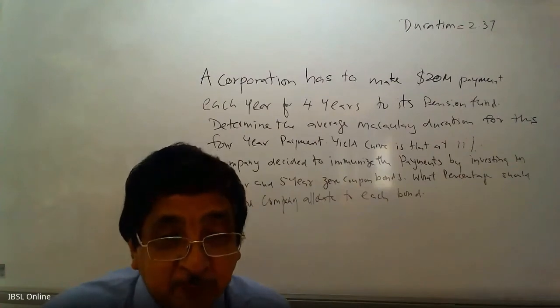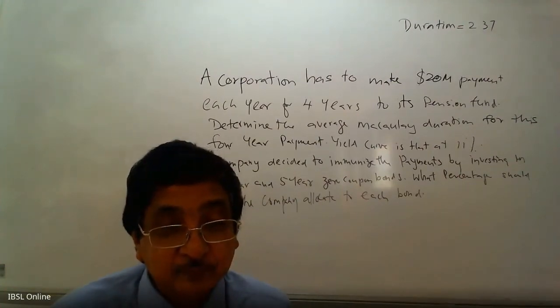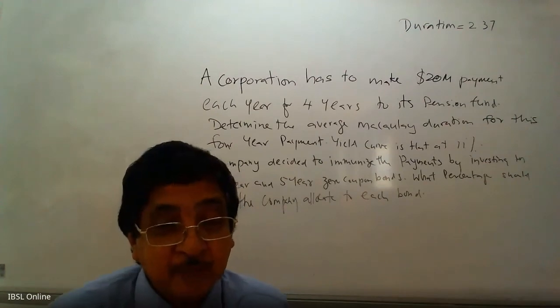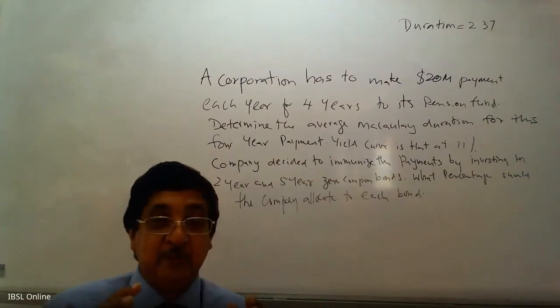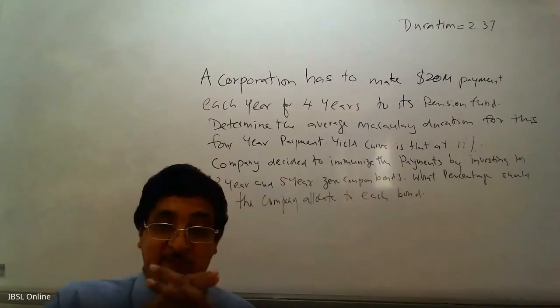Then invariably 5-year bonds would be 1 minus X. Now, in order to immunize the portfolio, the mix of these 2-year and 5-year bonds' duration should be equal to 2.37.